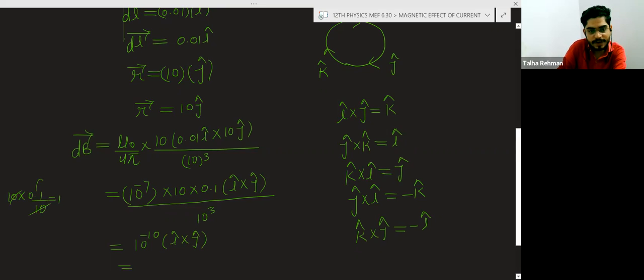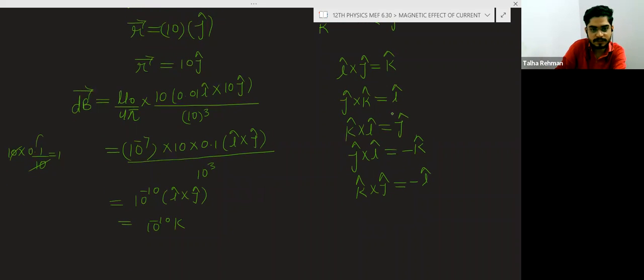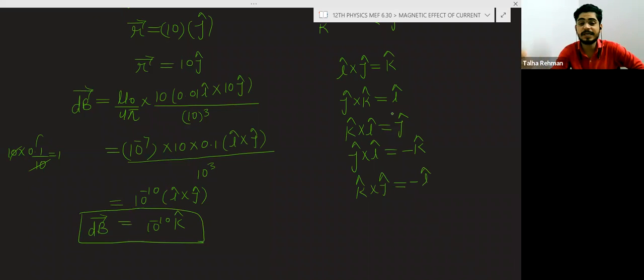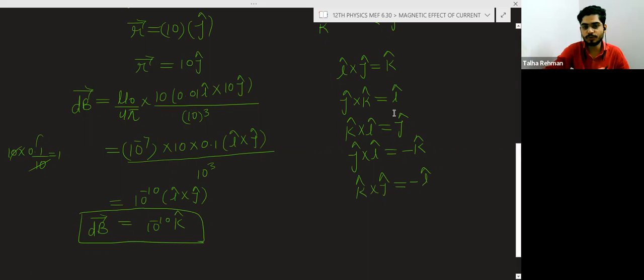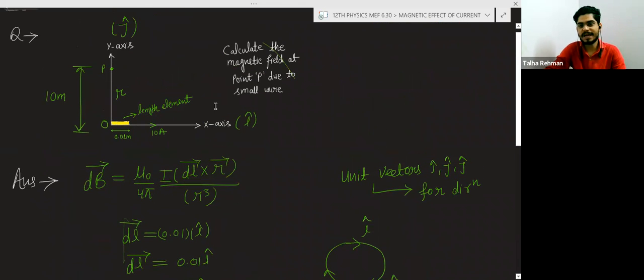So what is the direction of i cross j? i cross j is k vector. See this, you have got the magnitude as well as the direction of the magnetic field without using the right hand thumb rule. I have used just the vector.